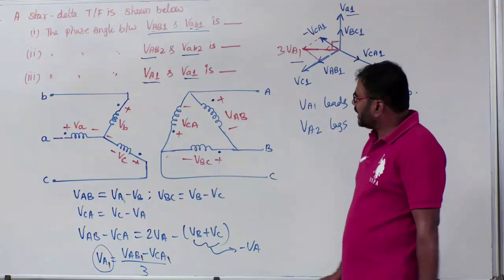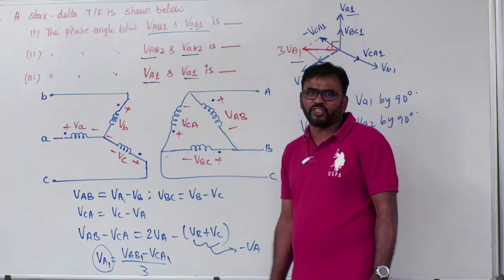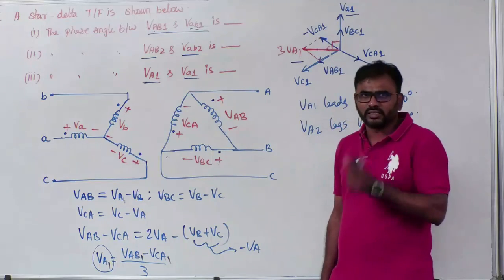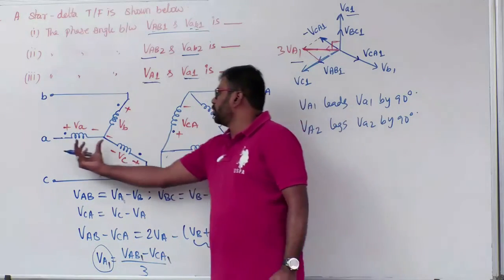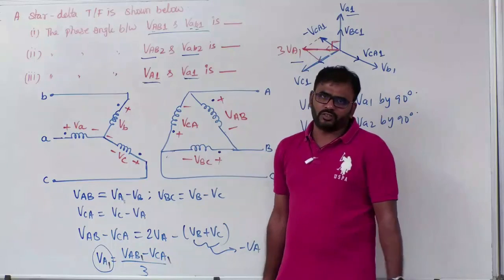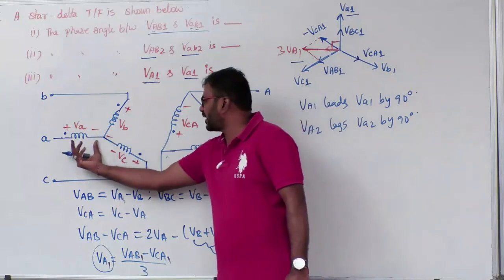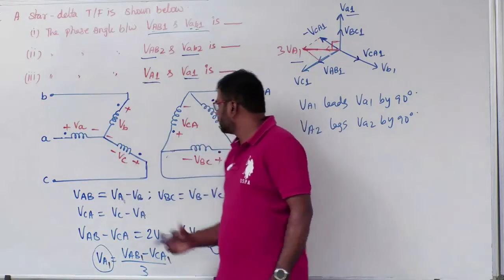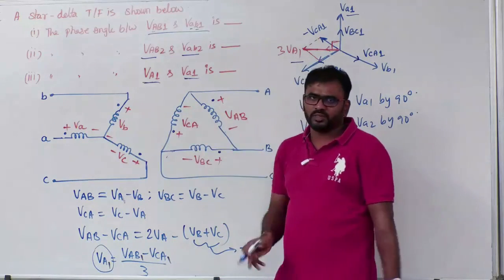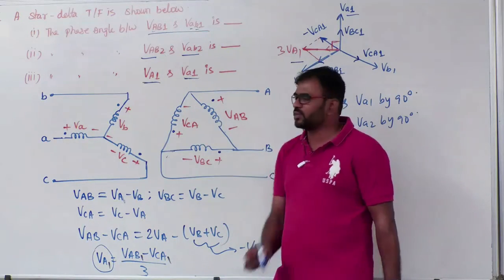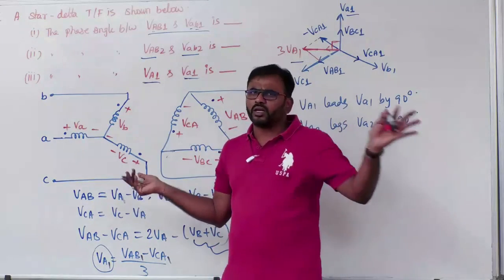So, for solving any kind of problem with respect to transformer phase shift, you have to observe one thing, sir. The like drawn windings, voltages always in phase. So these two windings are drawn in the same manner. These two windings are in phase. These two windings are in phase. These two windings are in phase. That is the first observation. Second observation is dot side you better take positive. Even if you take negative, nothing wrong.